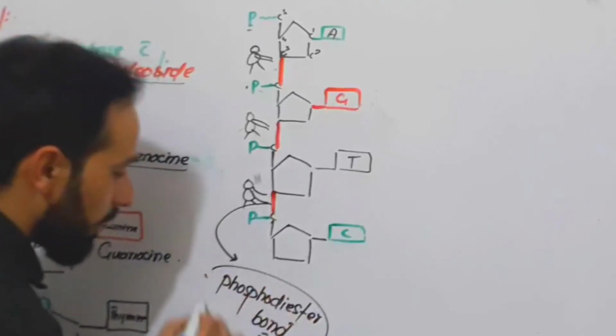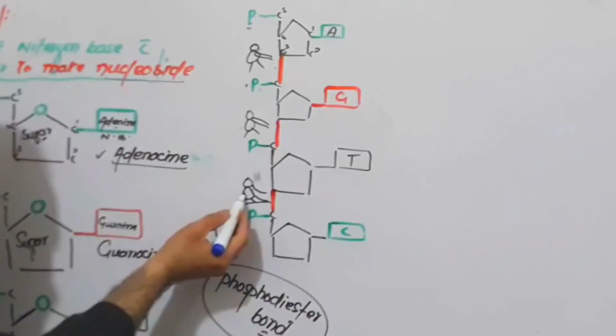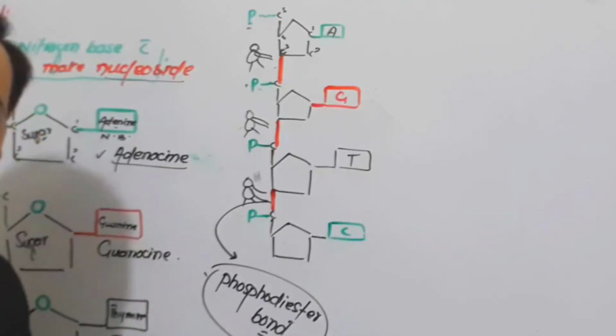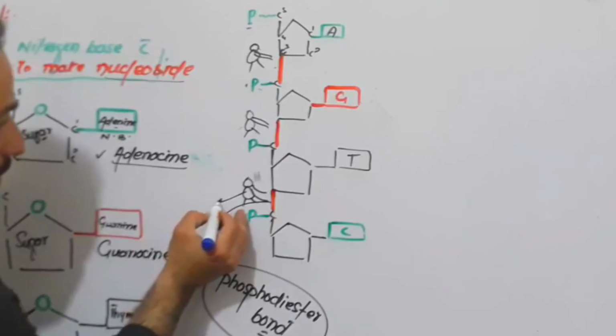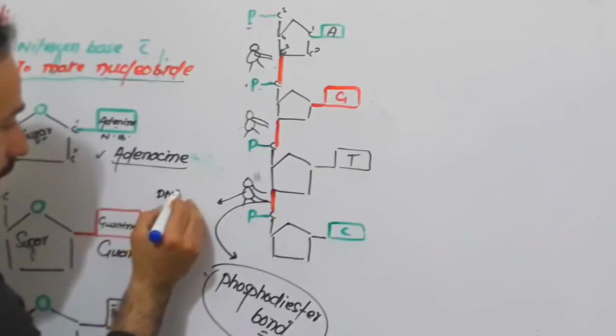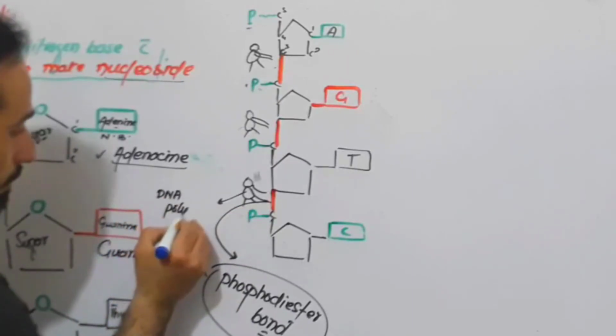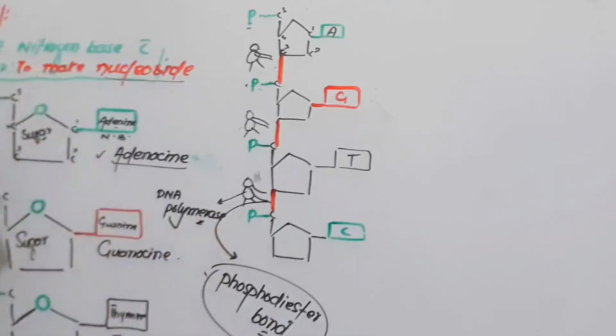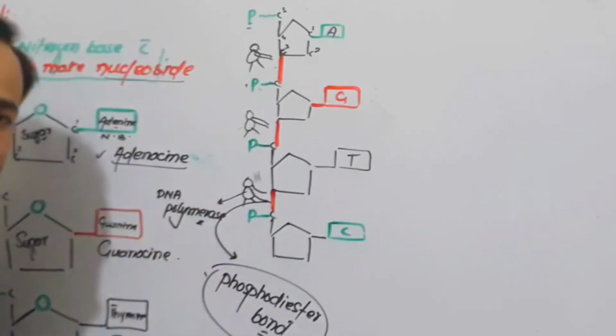So the phosphodiester bond is formed by which enzyme? This enzyme is making DNA, so that's why we call this enzyme DNA polymerase, right? So what has DNA polymerase done?